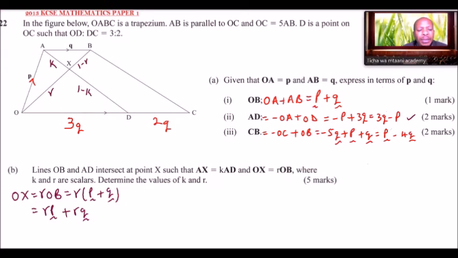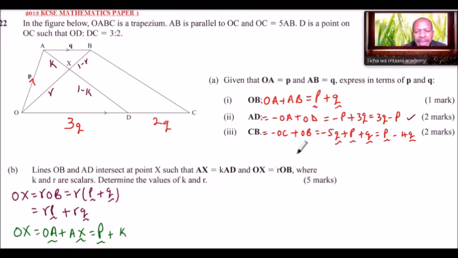Again, we come now to OX again. We can say it is equal to, follow this route, OA plus AX. So we already know that OA is P, so we can replace that with P, plus AX is a fraction, K of AD, but we already have AD here.